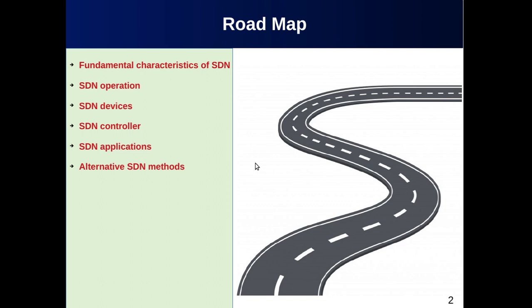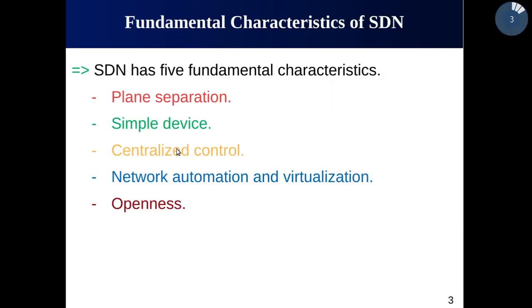After that, we will move to the SDN operation, how it actually works. And then the structure of the SDN device and SDN controller and some applications of the SDN. Finally, we will see some other implementations of the SDN architecture. So first, let us see the fundamental characteristics of the SDN.